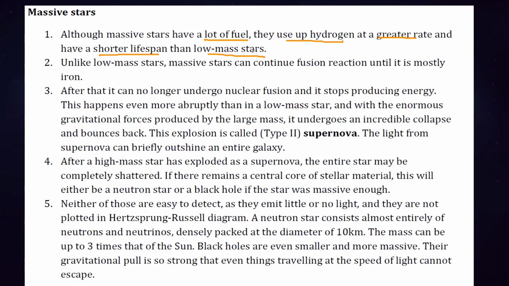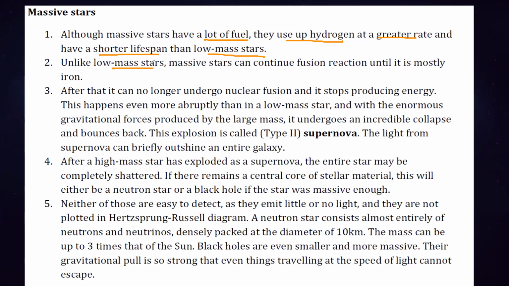A low mass star has a relatively low temperature, so the fusion happens at a slower rate. But for a high mass star, the temperature of the core is so high that the hydrogen fusion releases more energy per second, as there are more fusions every second.